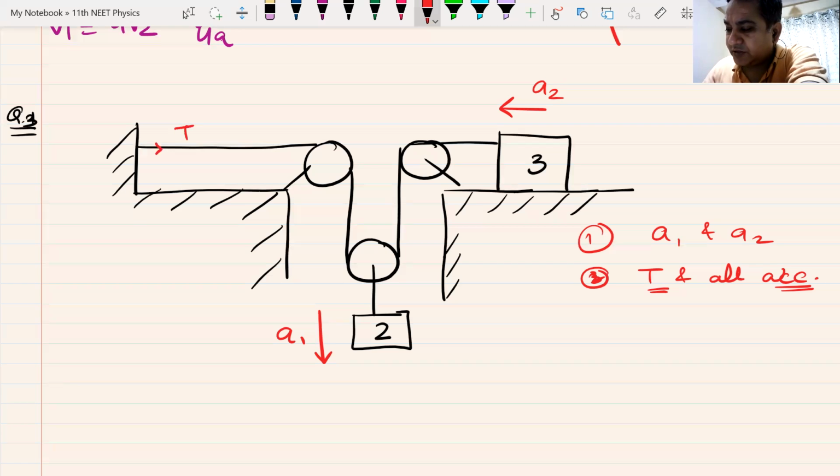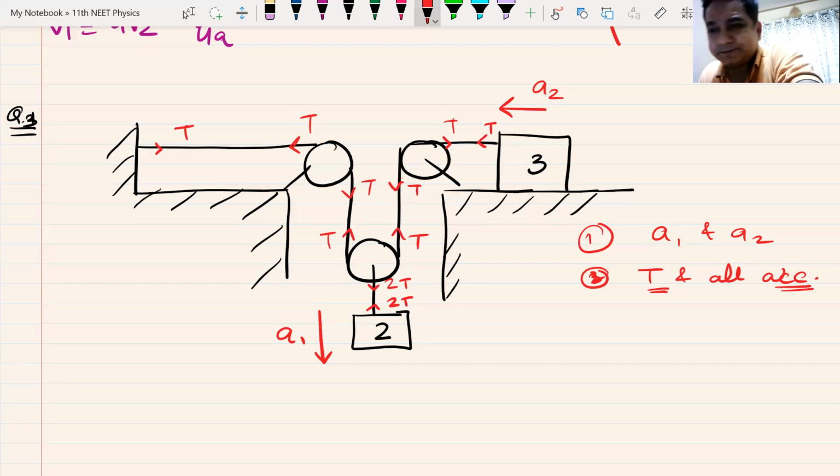Tension in the string T, same string T, T, T, T, T, T, and T. This one will be 2T on the pulley and 2T on the block.